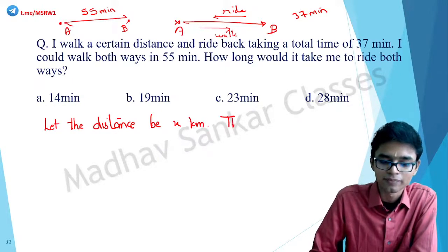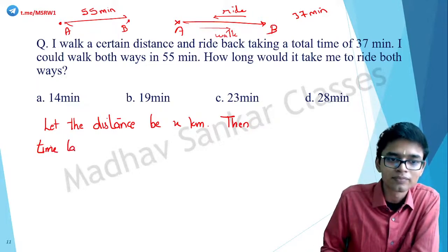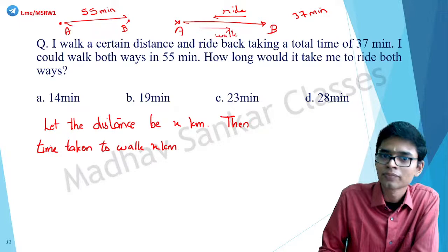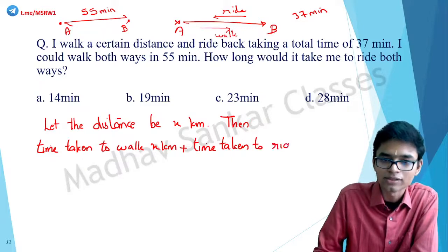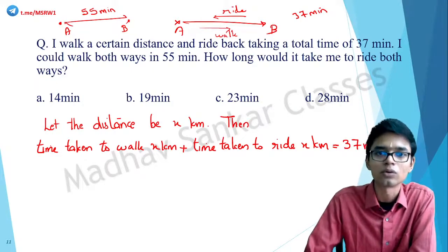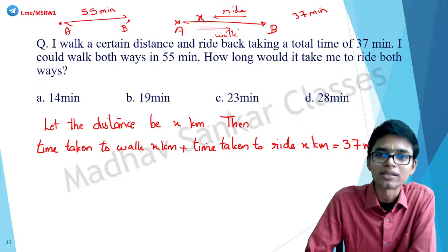All right, then time taken, be very careful here, time taken to walk x kilometers plus time taken to ride x kilometers is equal to 37 minutes. Correct? From this diagram, I wrote that. Time taken to walk x kilometers and to ride x kilometers together is 37 minutes.